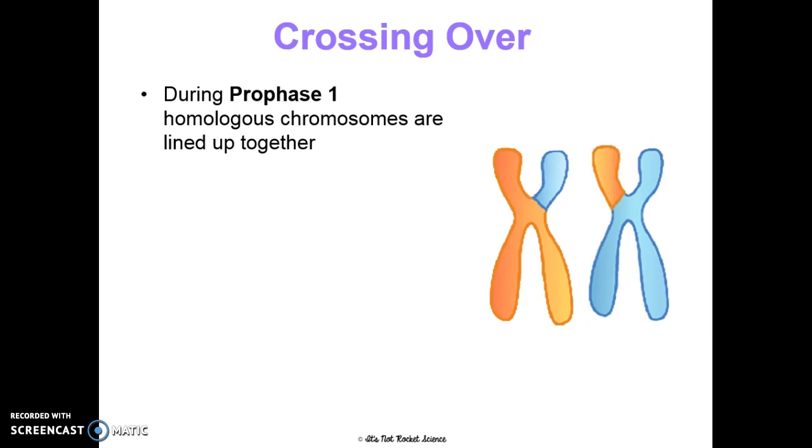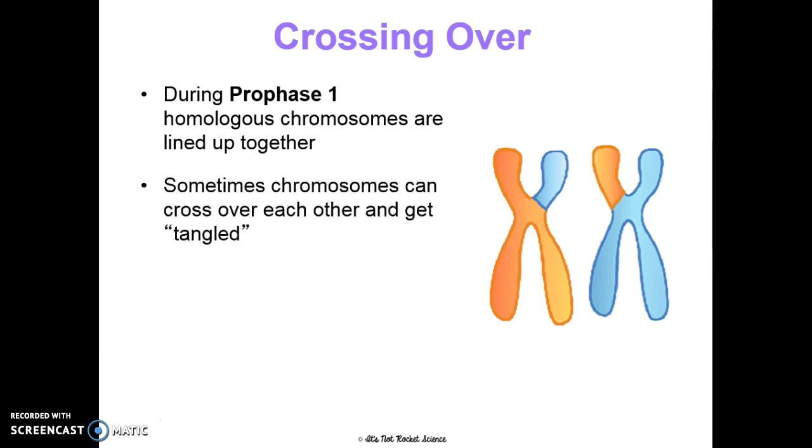So during prophase 1, the chromosomes are kind of all lined up and right next to each other. So each pair is kind of holding hands in a sense. So these chromosomes can kind of get tangled up. So as you can see to the right, originally the red one was all red and the blue one was all blue.